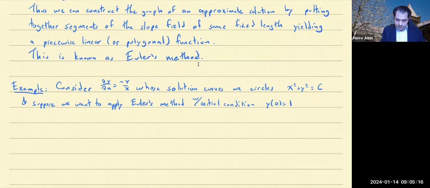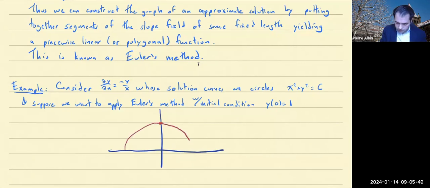Let me try to draw what's going on. Let's give ourselves x and y axes. And here is the point 0, 1. The actual solution curve through that point would be a circle, so say something like that. But let's pretend that looks like a circle.